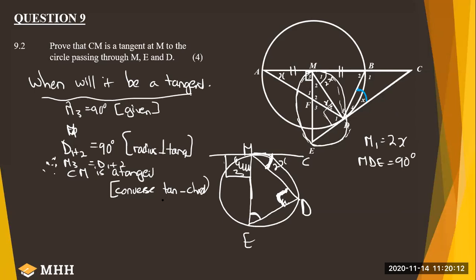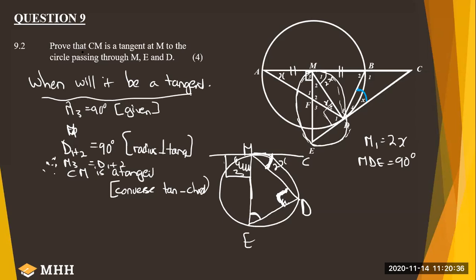Well, if you don't say converse, then it doesn't make sense to me, because we didn't make use of tan chord. So I would say yes, make use of the word converse. Tan chord will be if they give you the tangent, but this is not what happened here.